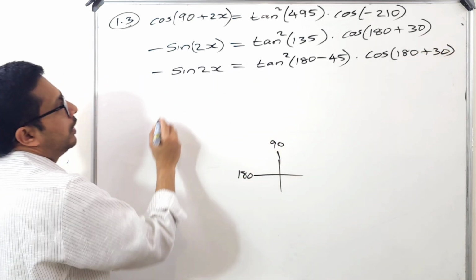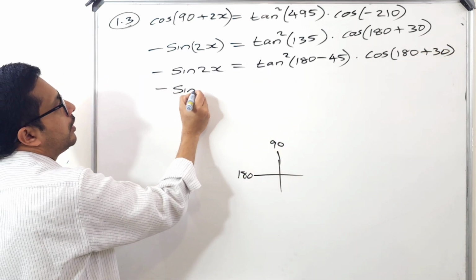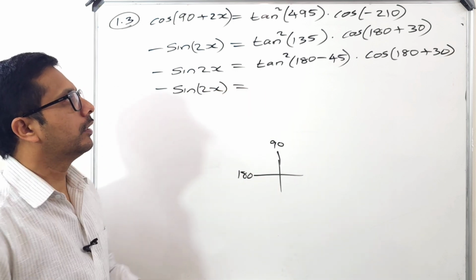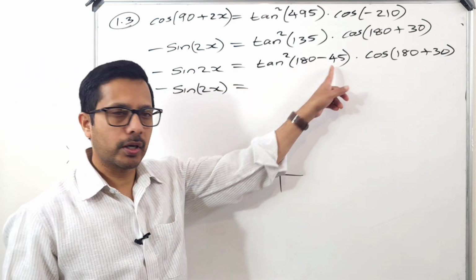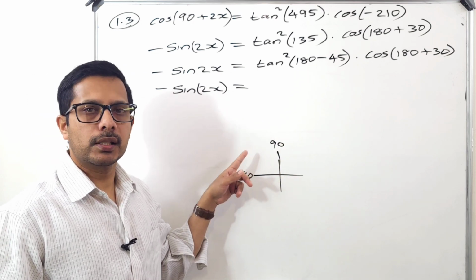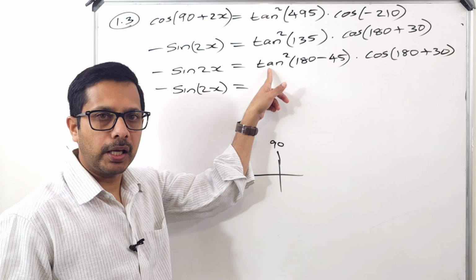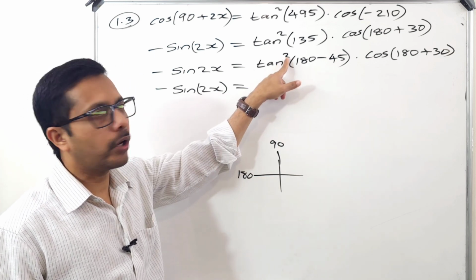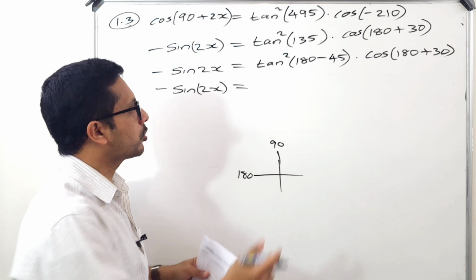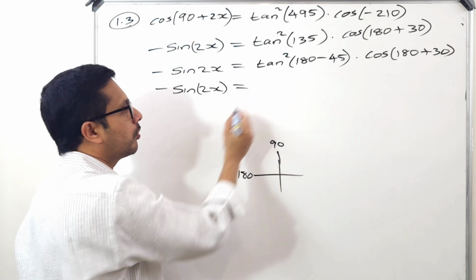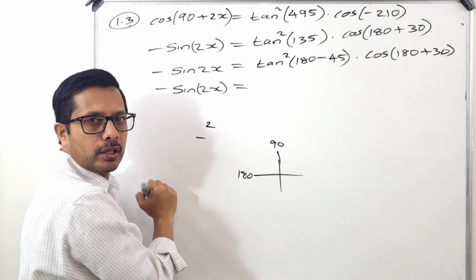So it is minus sine 2x is equal to, tell me, 180 minus 45, which quadrant? Second quadrant. In the second quadrant, what is positive? Sine. Here what? Tan. But there is no problem here. Why? Because this is squared. I am supposed to write a negative here, but there is no problem because when you square a negative, negative squared is what?